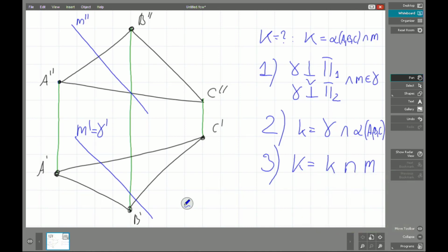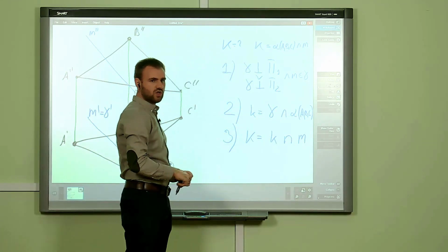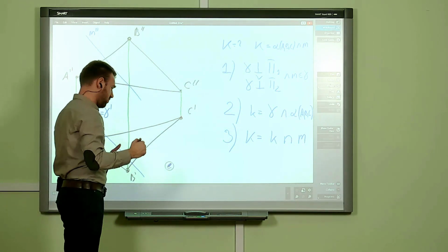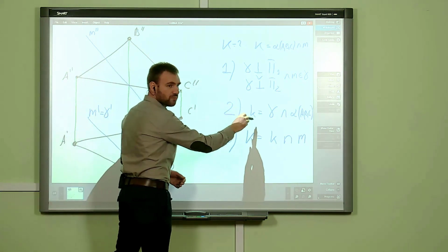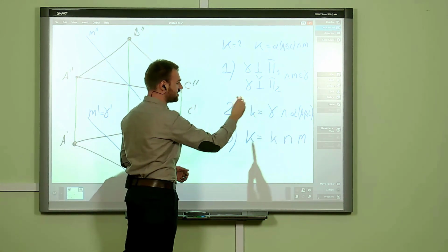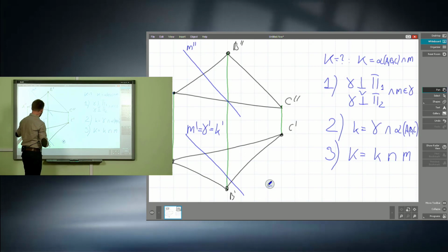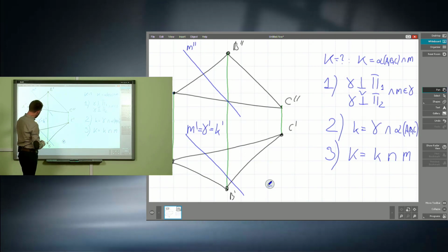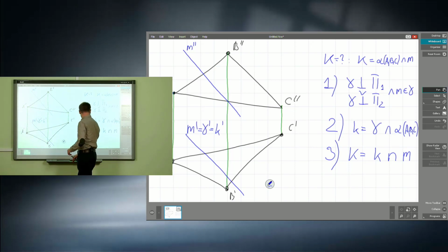Okay, second step, we have to find the folding line. It's quite easy because we have to know that if we have the H-plane, the common part between any plane and the H-plane will be exactly on the projection of the H-plane. It means that we have M prime, which is equal to gamma prime, and which has to be equal to K prime.